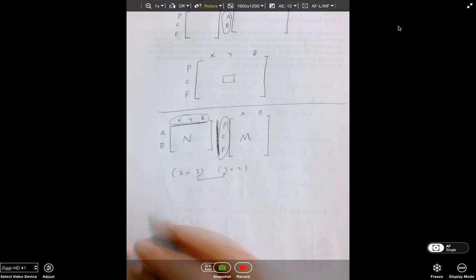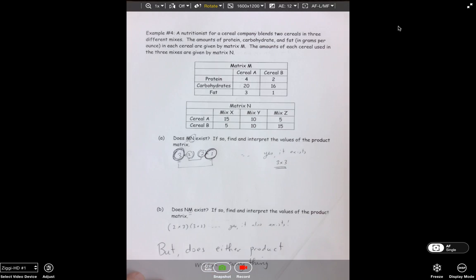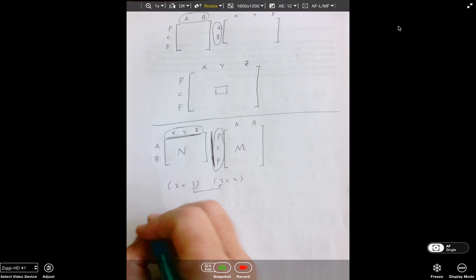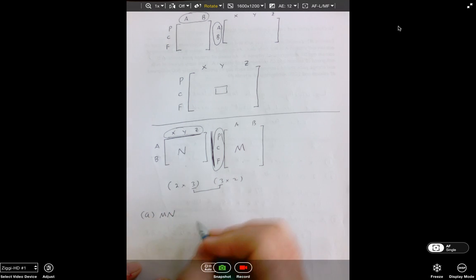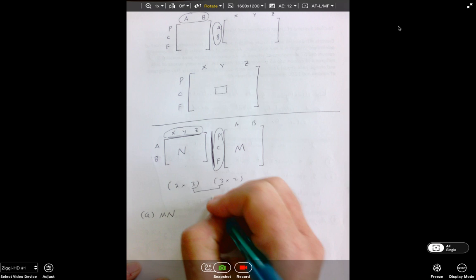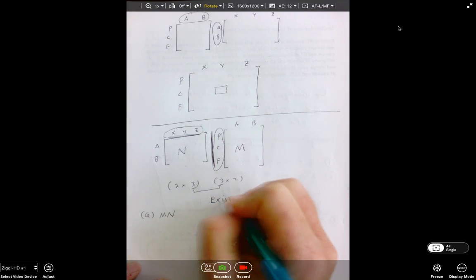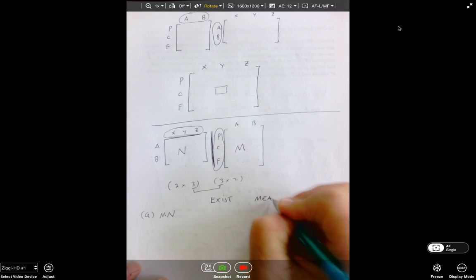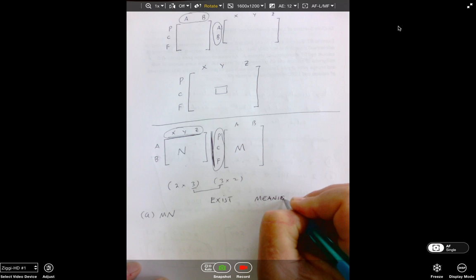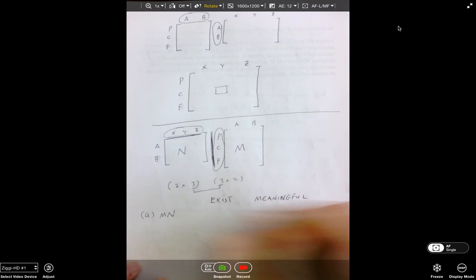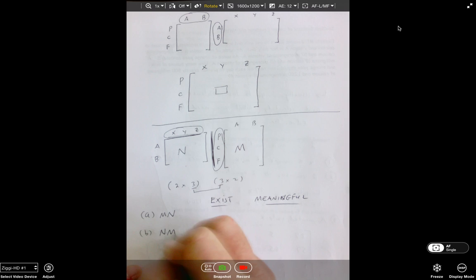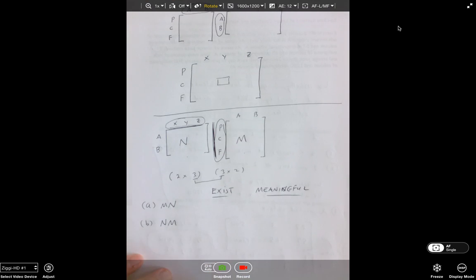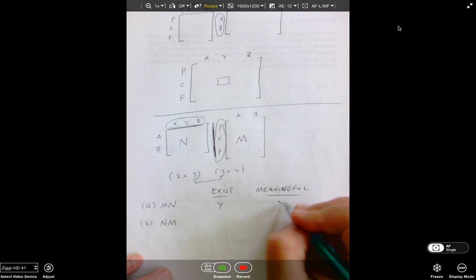So guys, at the end of the day, the very first part A, we ask MN, and let's just create our own matrix here, if you will. Does MN exist? Yes. Is it meaningful?